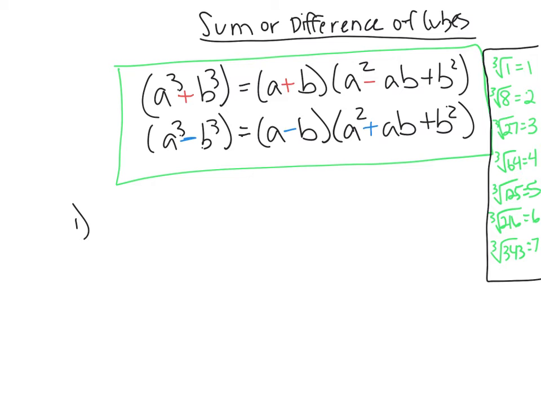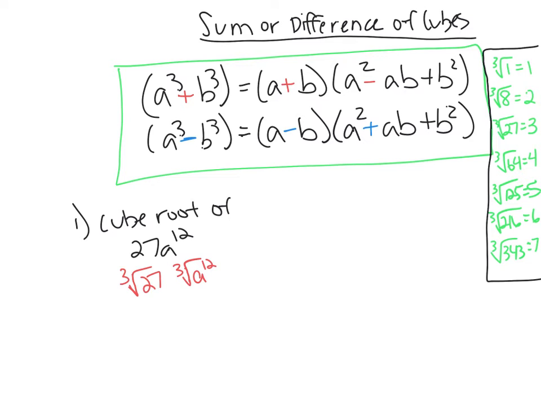So how do I find the cube root of 27a to the 12th? Well, if I want to find the cube root, I'm going to take the cube root of the coefficient. How do I take the cube root of a to the 12th? Well, the cube root of a to the 12th is the same as writing the exponent as a fraction.